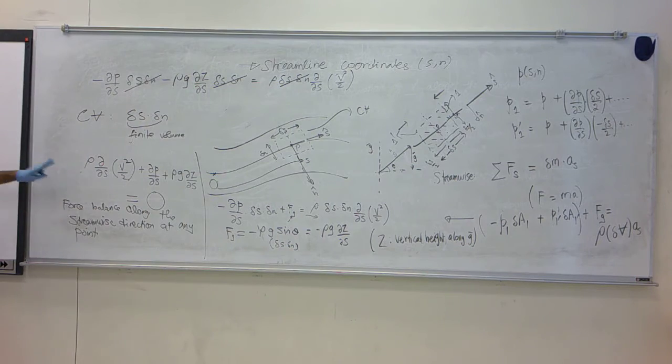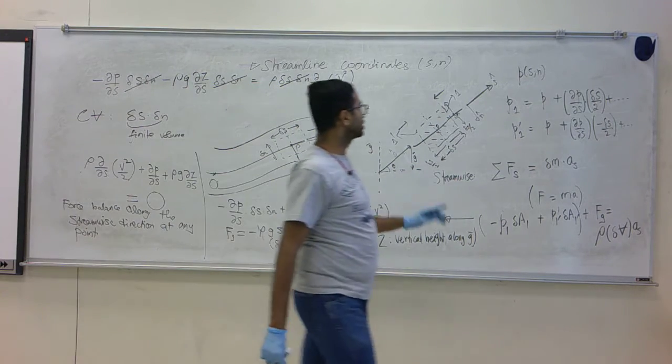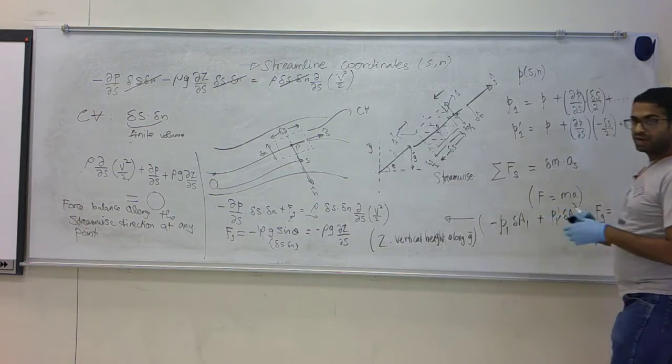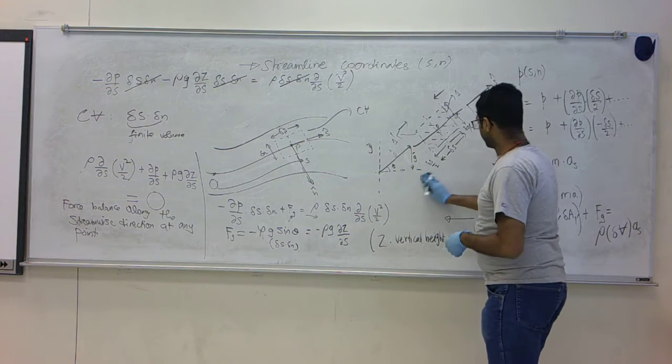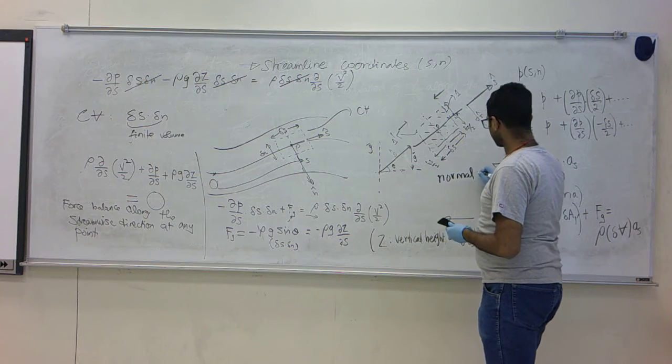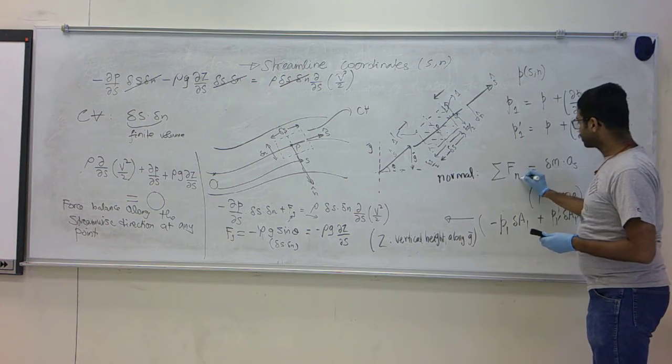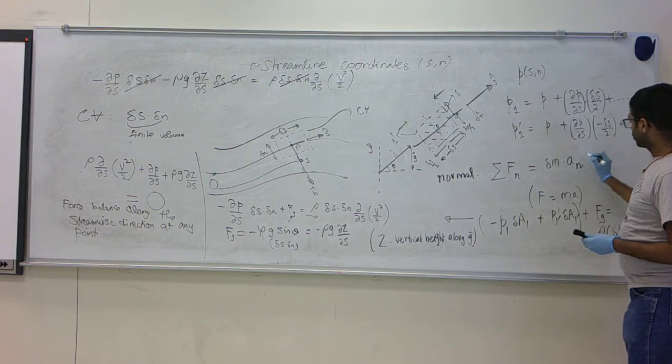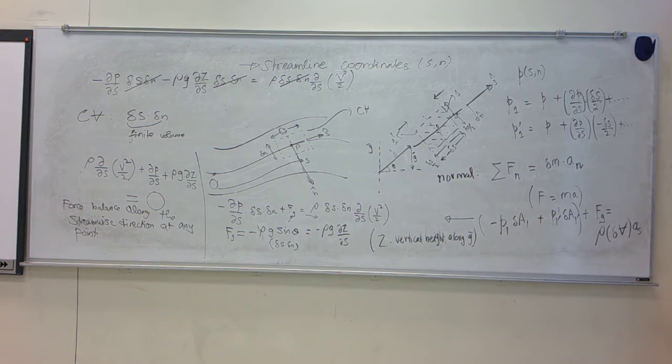Now we want to do the same thing along the normal direction. We want to apply a force balance and write this equals mass times acceleration along the normal direction. Now that is another derivation that we can go through, and it's exactly the same principle, except the component of the force is going to be different.